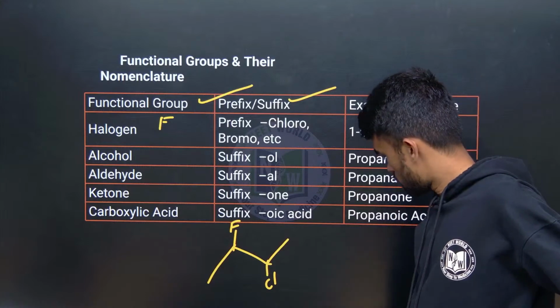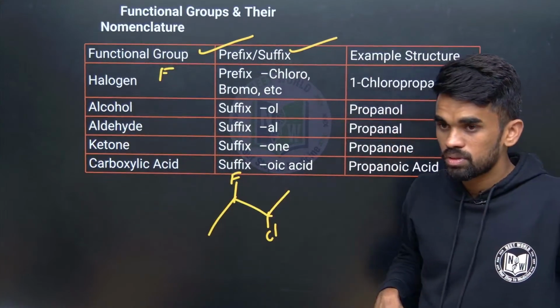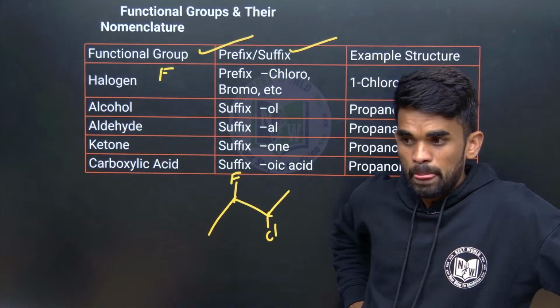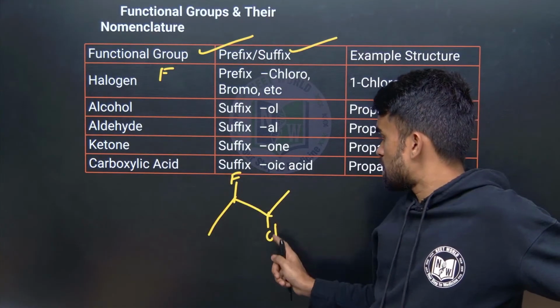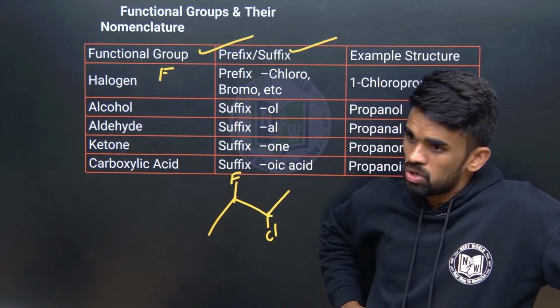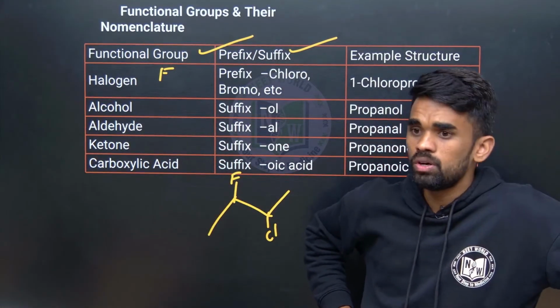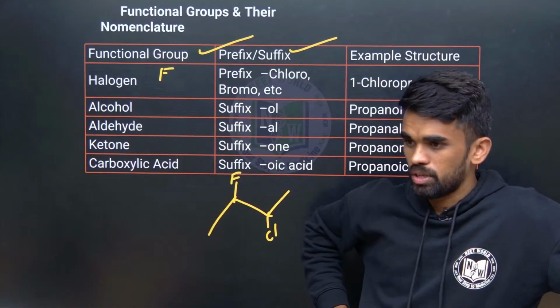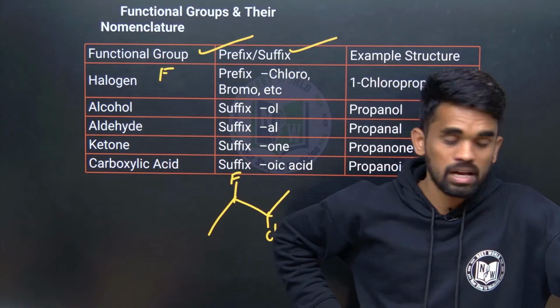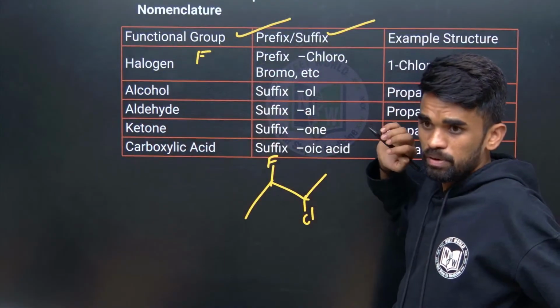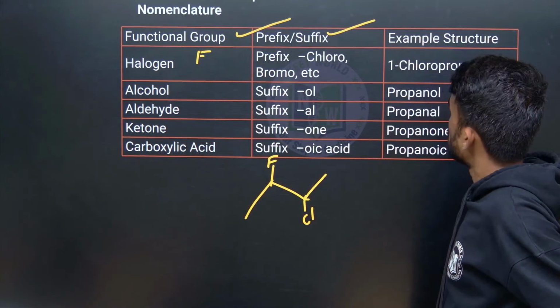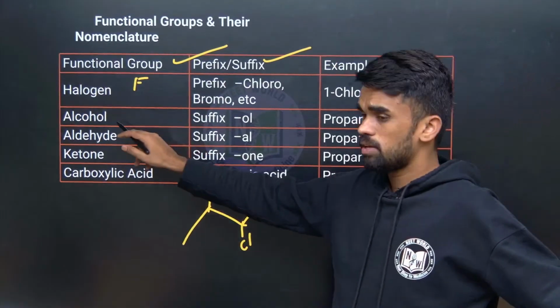Tell me, F comes first or C comes first? So C, right? So 2-chloro, 3-fluoro-butane. Follow alphabetical order here. Clear? So halogens are always prefixes.